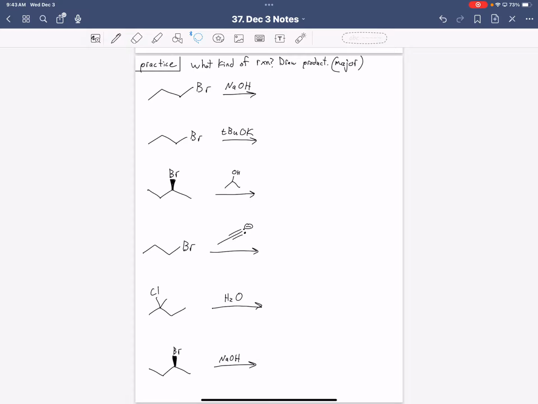So, what's 3? Okay. I think this is just bad.